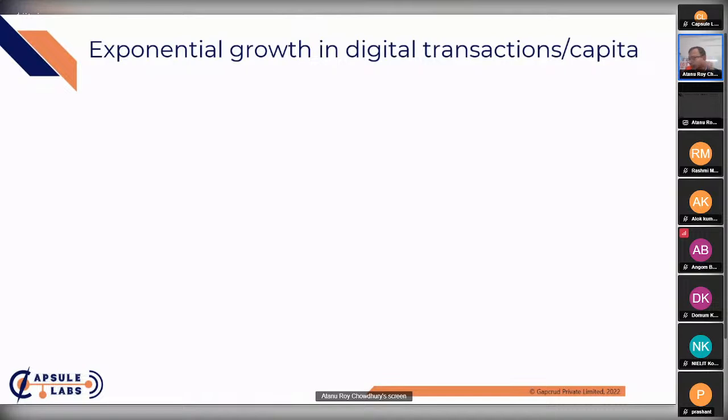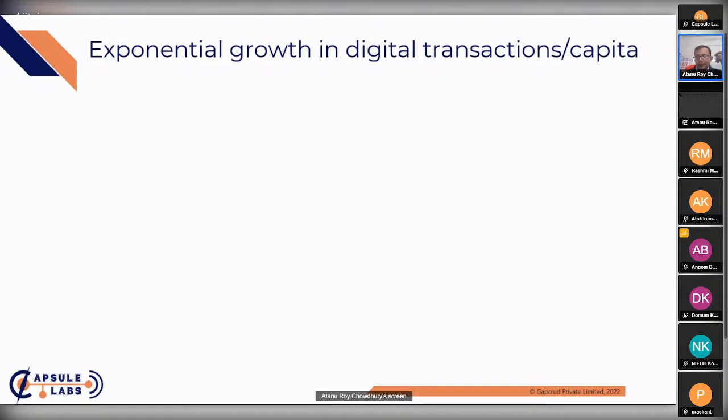It is not just a one-way traffic where people are viewing information. They're actually starting to produce information on their mobile phones, and we have data that after a few tries, people are comfortable making UPI payments out of their mobile phones.